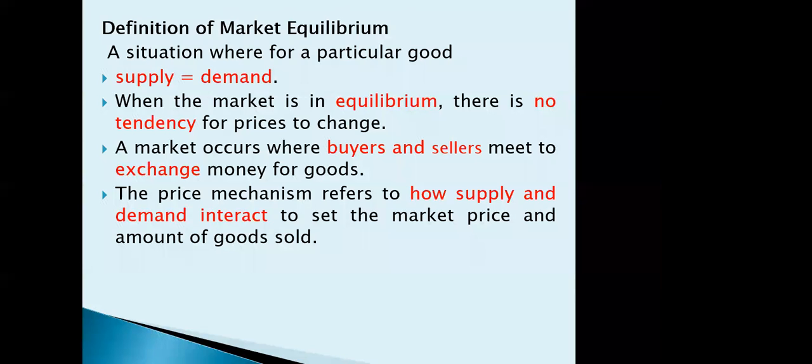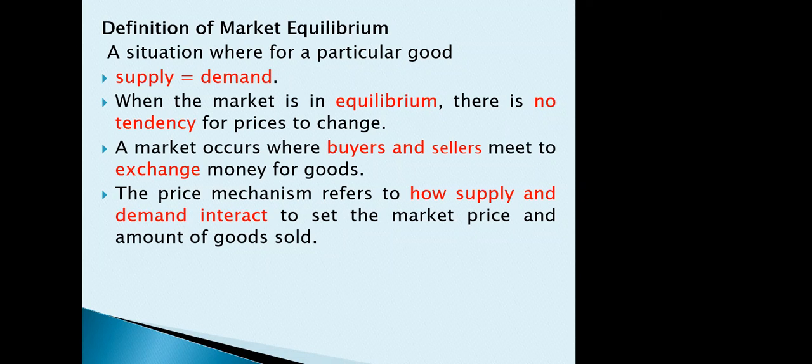Now here we have to study market equilibrium. To have an exact adjustment between demand, supply, and price, as a manufacturer we should know the market equilibrium. Market equilibrium is the equilibrium point at which your supply and demand are equal.